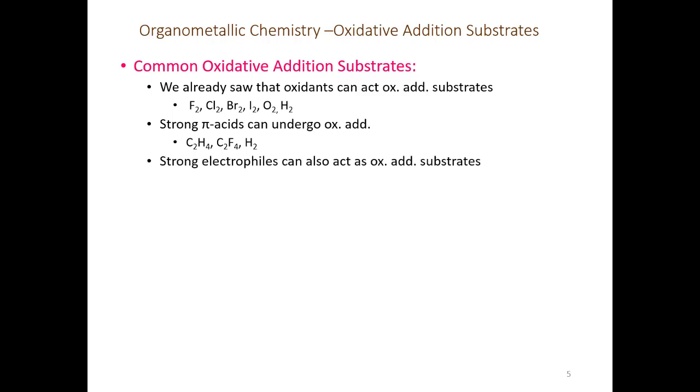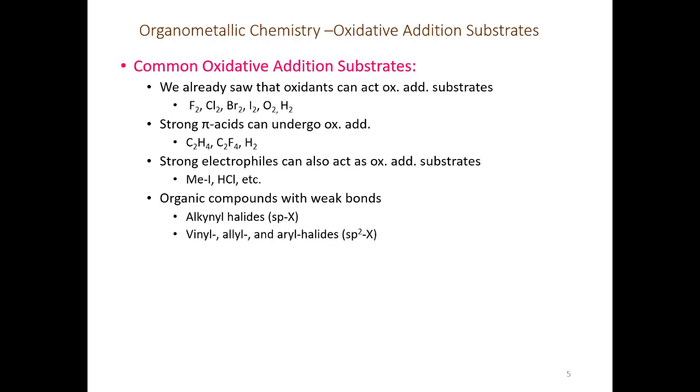Strong electrophiles can also act as oxidative addition substrates, so things like methyl iodide, hydrogen chloride, etc. Organic compounds with especially weak bonds are prone to oxidative addition. So these are alkynyl halides, so sp hybridized carbons bonded to a halide. Vinyl, allyl, and aryl halides also have relatively weak bonds to halides, so that would be an sp2 hybridized carbon bonded to a halide.